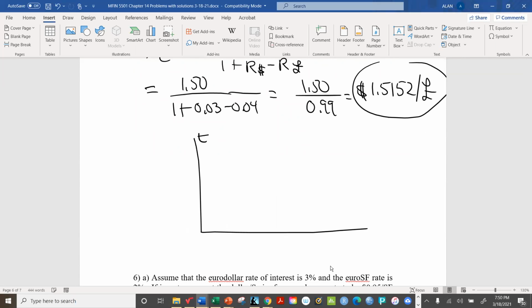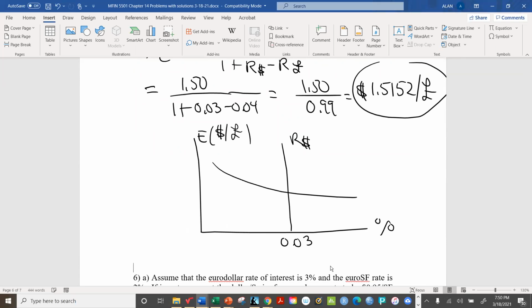All right, so here we have the exchange rate, dollars per pound. Here we have the rate of return. The US rate right here is 3%. This is where they cross. And we've just seen that that is the equilibrium exchange rate, which is 1.5152 per pound.